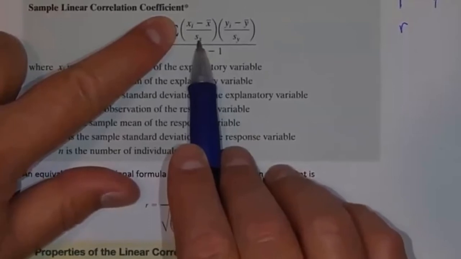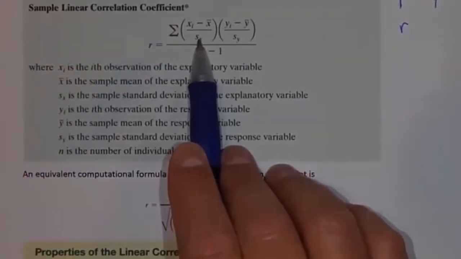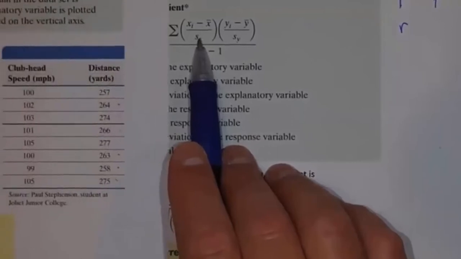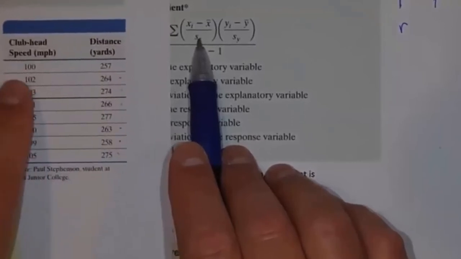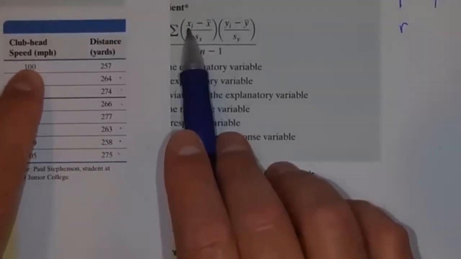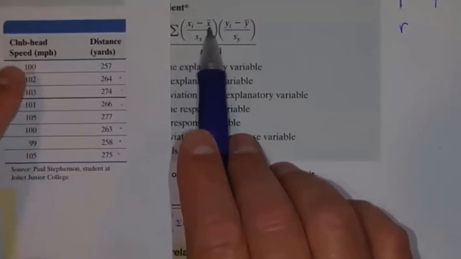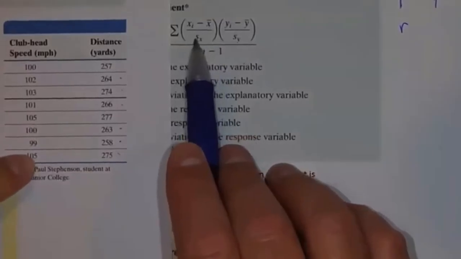So for example, for the golf problem, if I pull that back in, I'm not going to do this one by hand, but x sub 1 would be the 100. So I would take 100 minus x bar. X bar would be the mean of these speeds. And then I would divide that by s sub x.